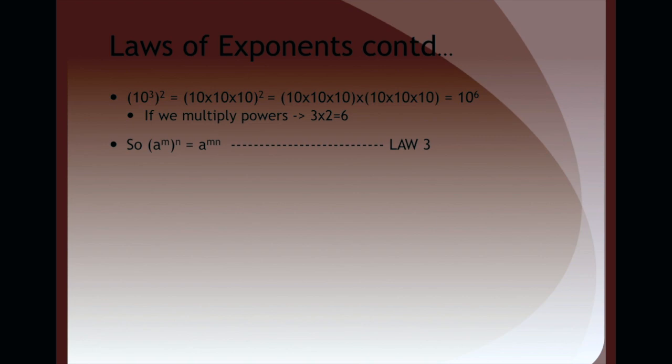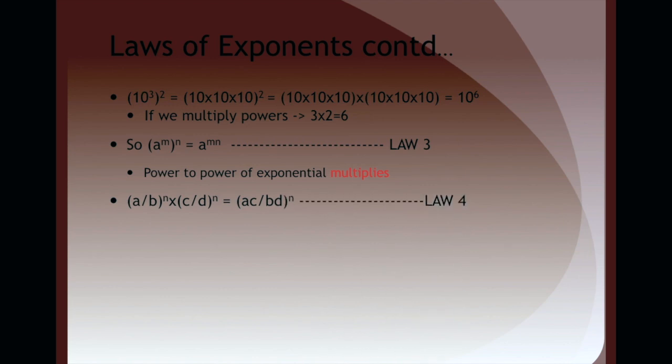It says that if there is a power to power of numbers, then the powers multiply. For example, a raised to power m whole power n, then we can say a raised to power m into n. So for power to power of an exponential, the powers multiply.